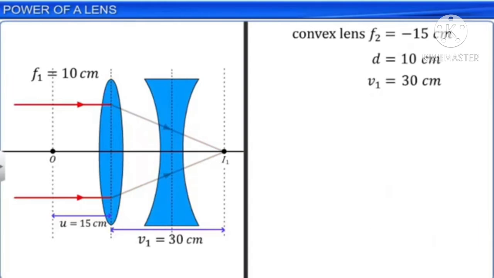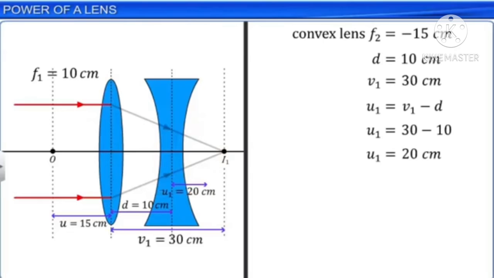This distance U1 is 20 cm to the right of the concave lens. Since it is to the right of the lens, its value is positive. If the final image is at a distance V from the concave lens, then 1 by V is equal to 1 by f2 plus 1 by u1, or V is equal to u1 f2 by u1 plus f2.